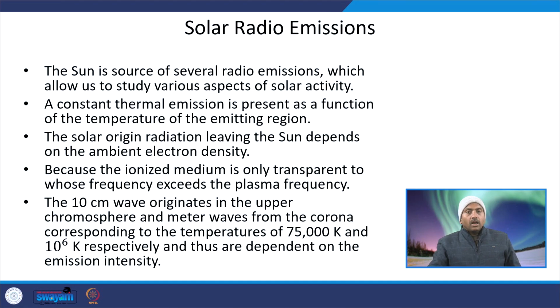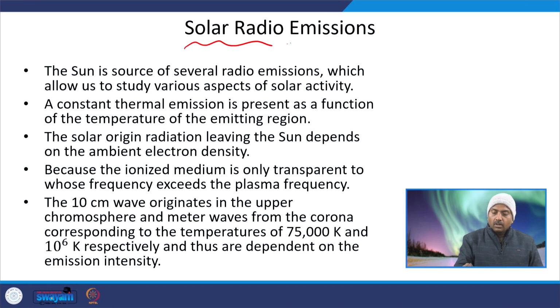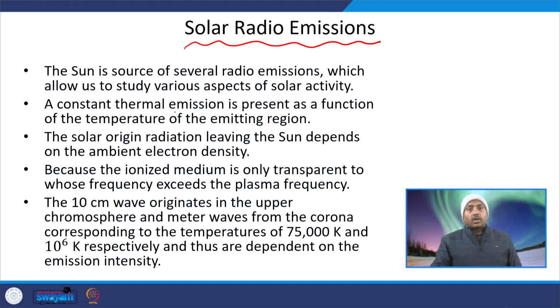Okay. And apart from the X-rays and ultraviolet radiation, the sun is also a source of several radio emissions, which allow us to study various aspects of solar activity. So, different bands of radio wavelengths reveal different information about the solar activity.